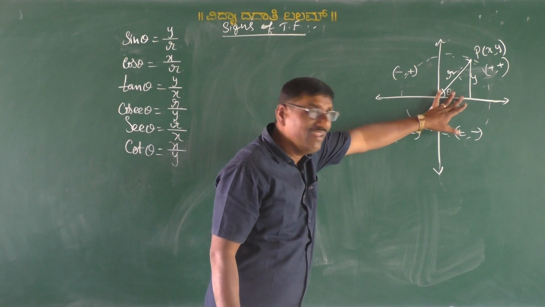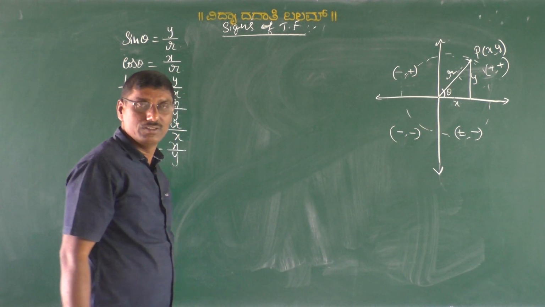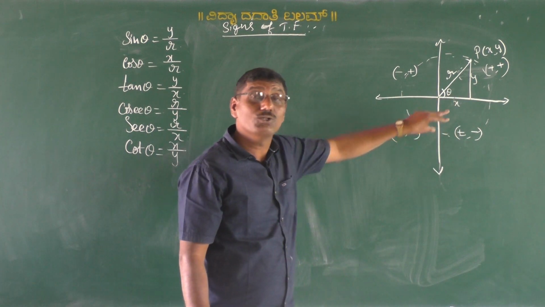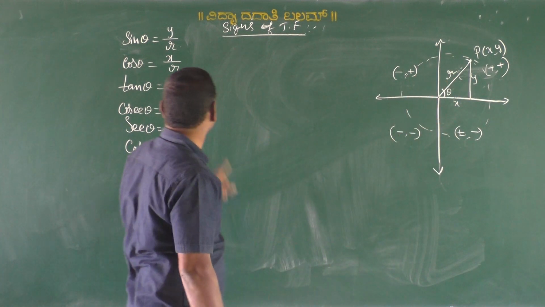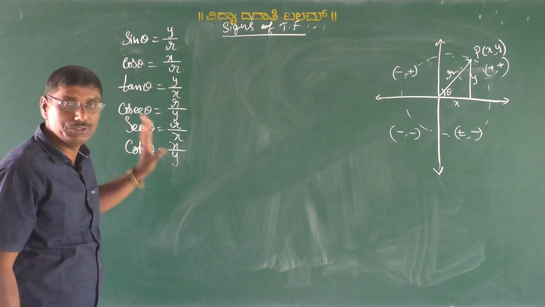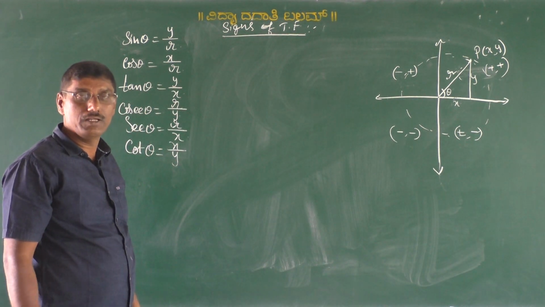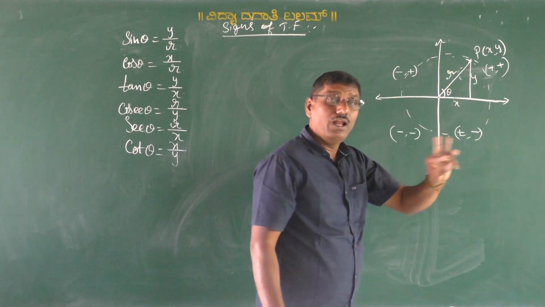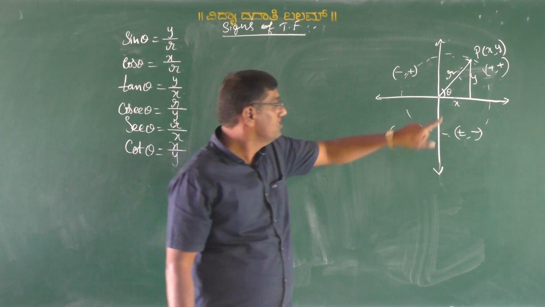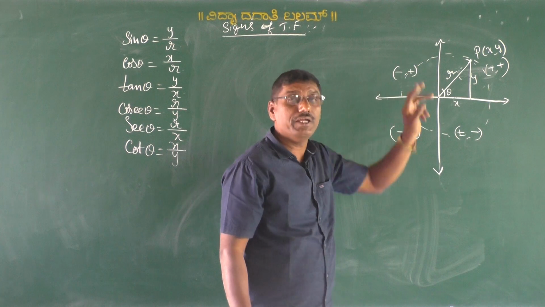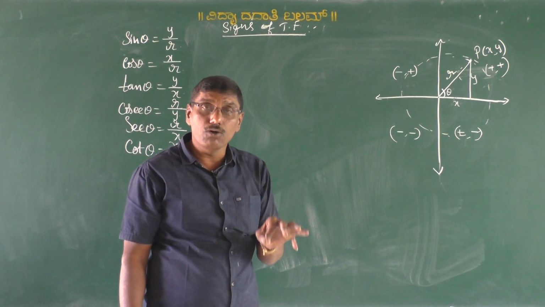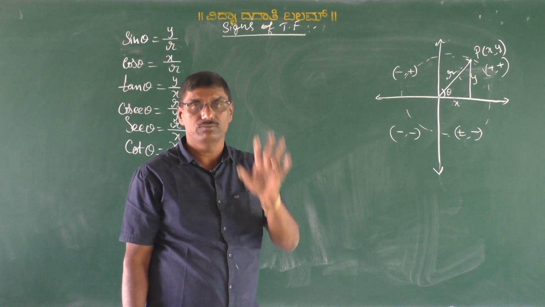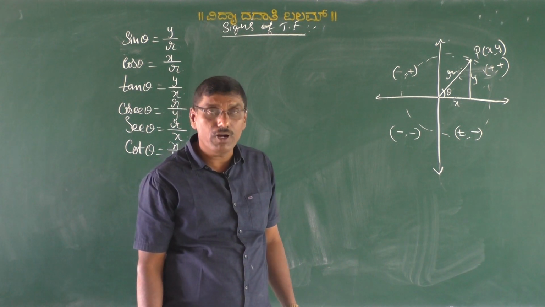Now we apply these coordinate conditions in these ratios. This quadrant lies between 0 degrees and 90 degrees, or 0 to pi by 2 in radians, that is the first quadrant.